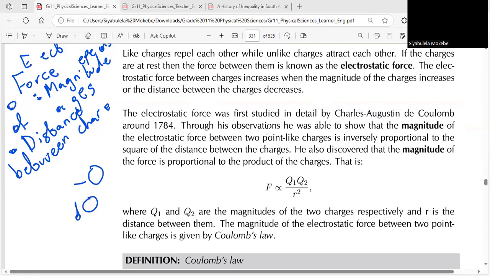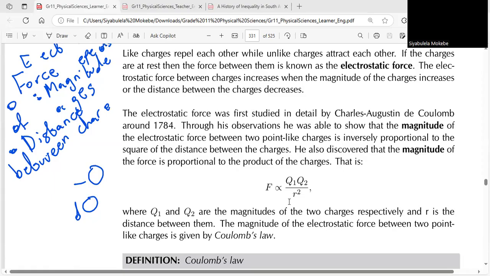Through his observations, he was able to show that the magnitude of the electrostatic force between 2 point-like charges is inversely proportional to the square of the distance between the charges. He also discovered that the magnitude of the force is proportional to the product of the charges.